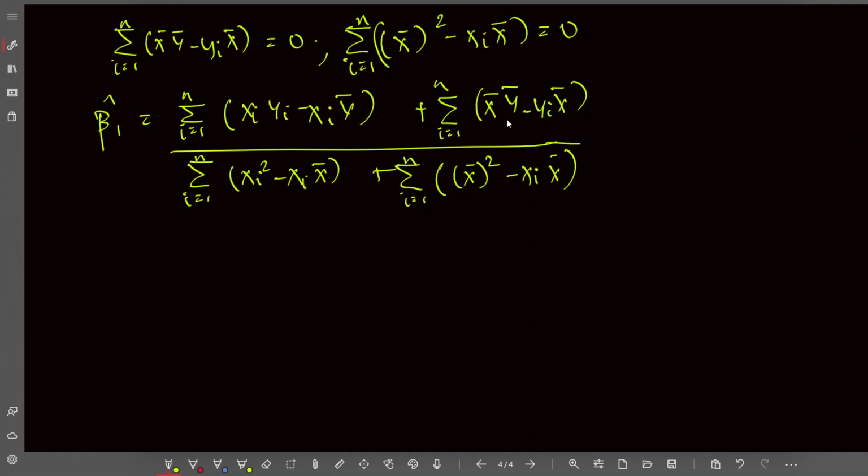Both these added values are equal to 0, so I'm just manipulating my previous equation a little. And then I have this.